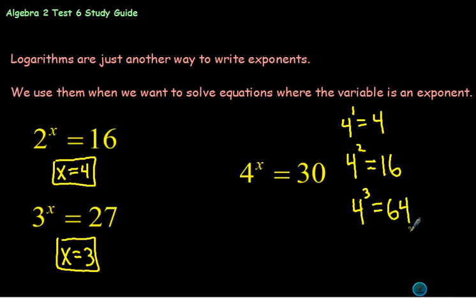So the powers of 4 don't stop at 30. It skips from 16 to 64. There is a value for x that goes in there, it's just not a whole number. Because 30 is somewhere between 16 and 64, this value would be somewhere between 2 and 3. Being between 2 and 3 just means it's going to be a decimal.